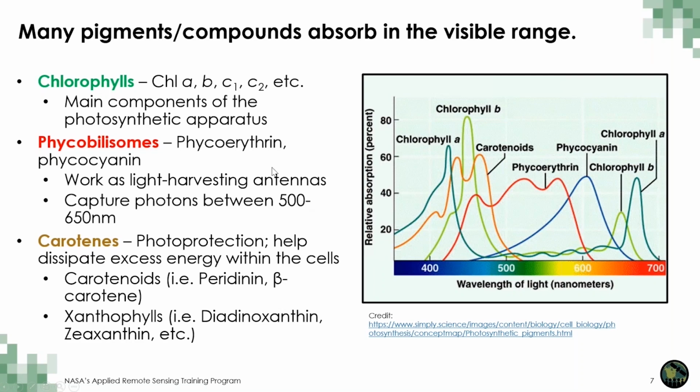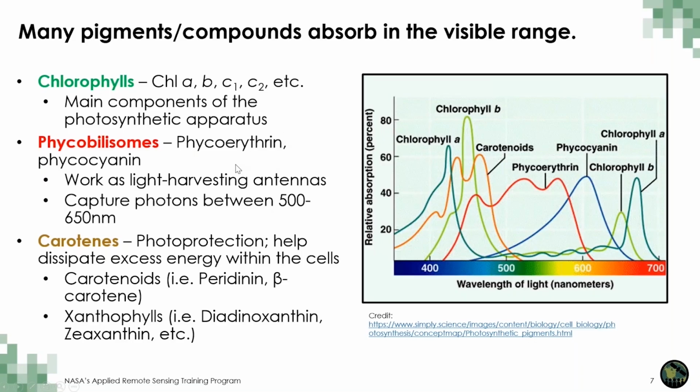And this is why we see red algae as red, because it reflects the red. And then phycocyanin is a pigment that is characteristic of cyanobacteria. Phycocyanin, as you see here in the graph, absorbs mostly in the green to red part of the spectrum.